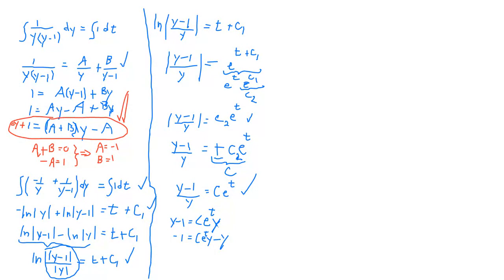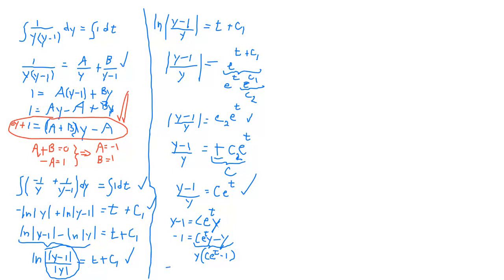But this, we can factor the y out on the right side. And now just divide by that C e to the t power minus 1.